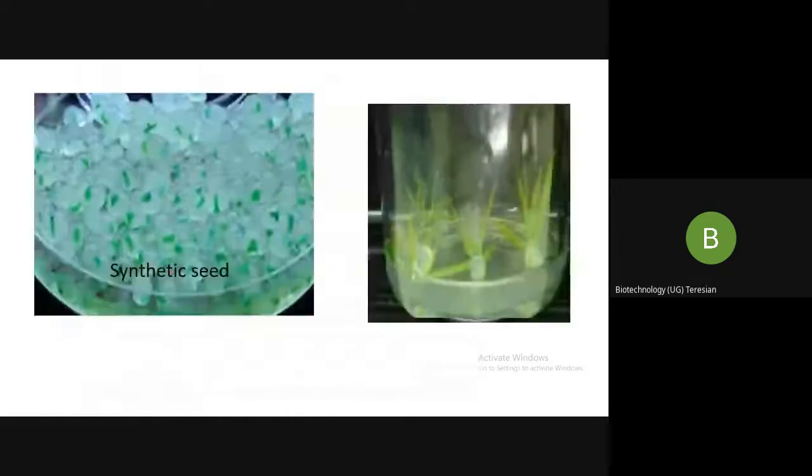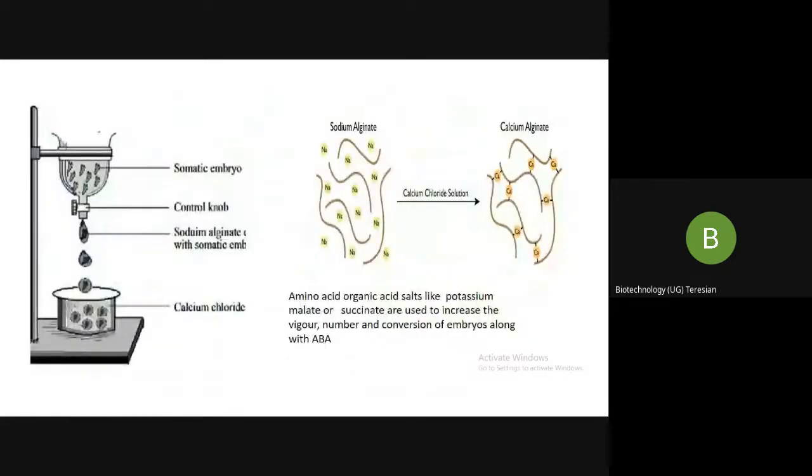Let me show you an example here. Look at this. You will be doing this in practicals also. What you can see here is the beaker with calcium chloride, and we are using sodium alginate.